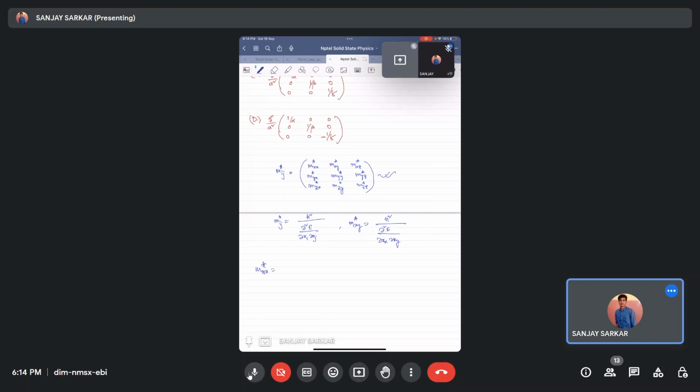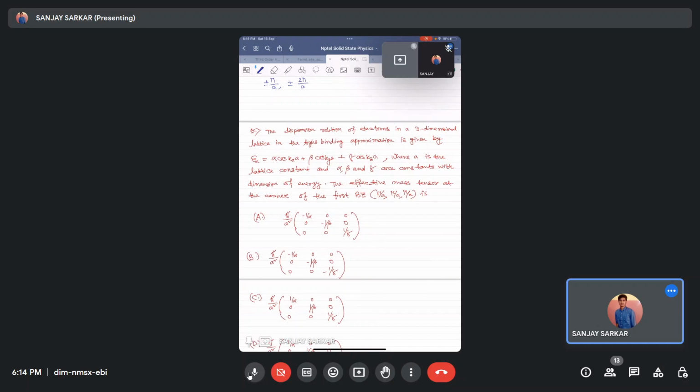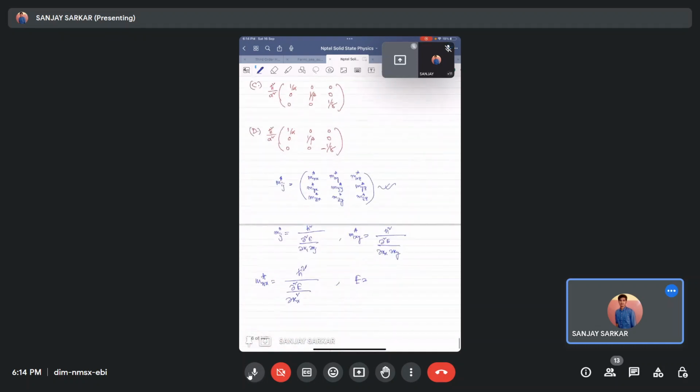For that you have to calculate del 2E del kx2. What is E? E is given by alpha cos kxa plus beta cos kya plus gamma cos kza.